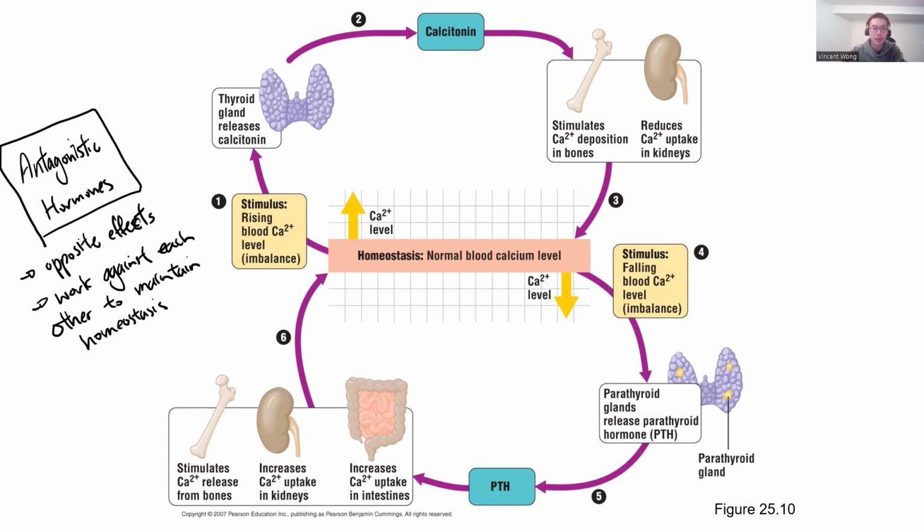So we're going to learn another pair today. It's called the calcitonin and PTH. So we need to have normal blood calcium level. Okay. Too much calcium in the blood, as you will see, is actually going to cause your muscle to twitch involuntarily.